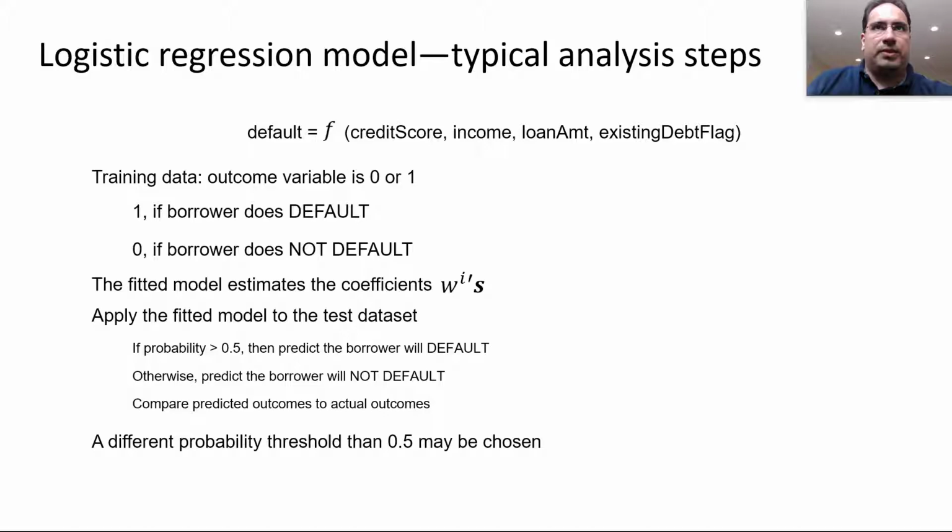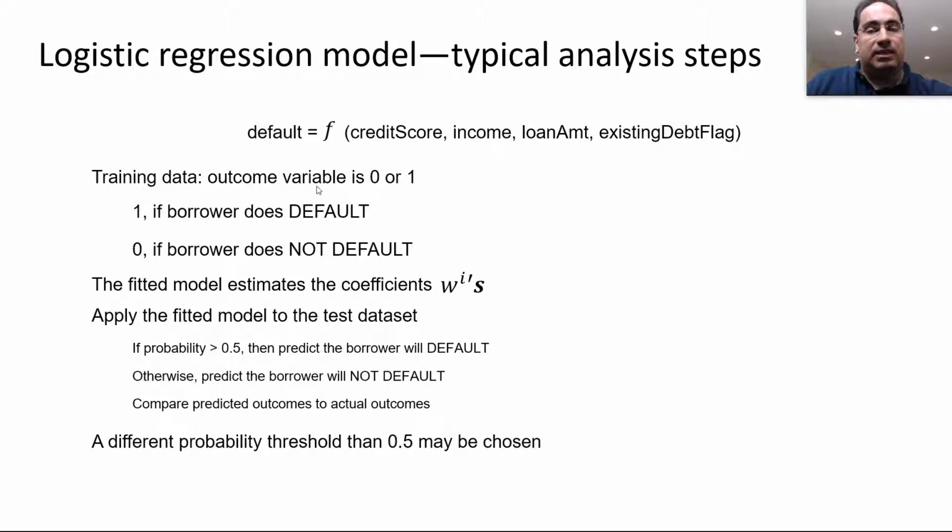The way it works is that the default score, which is something between 0 and 1, and then we use a threshold, will be f of all those different variables that you have. It will tell you whether a customer will default or not, based on a function of different inputs.